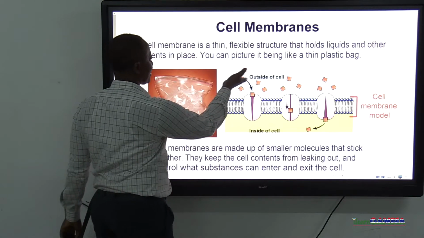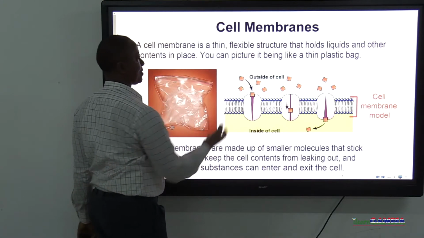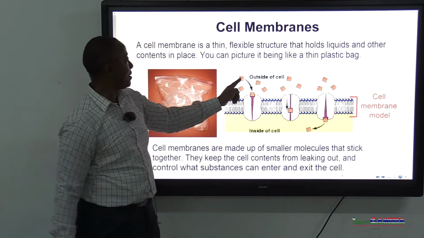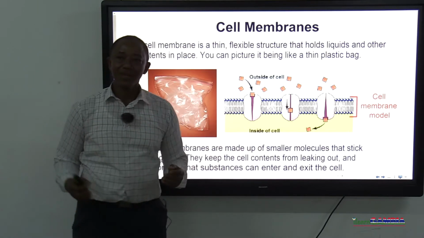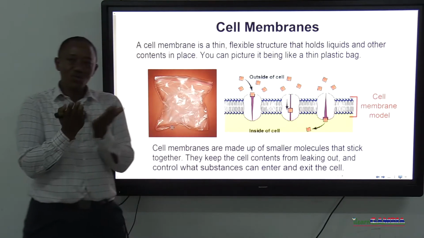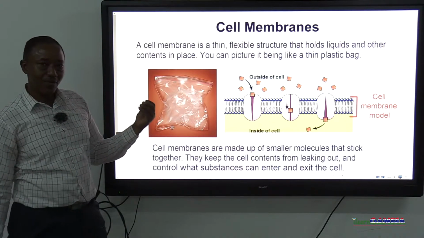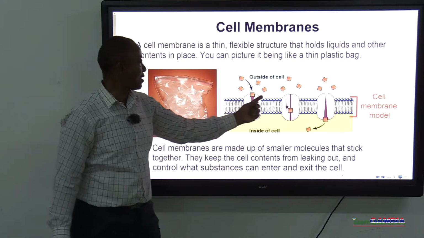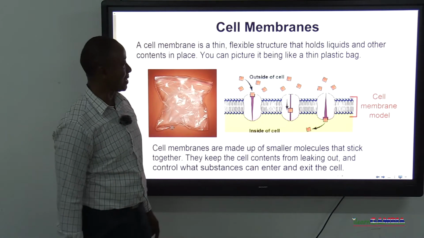So here is the inside of the cell, and there's the outside. You can see these molecules want to come in. At this space, you have these structures that control it in such a way that if they recognize it and want to allow it, they adjust themselves so that the thing goes inside, and finally it will come inside the cell.